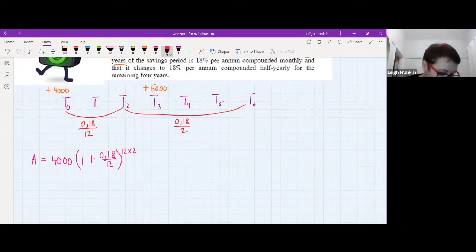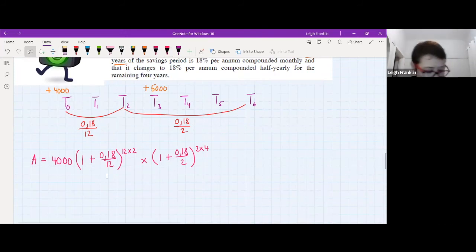That 4,000 Rand is staying in the account and it's earning interest at the new interest rate now. So I'm going to multiply that by a new bracket, 1 plus 0,18, because the money is staying in the account. It's accumulated to a certain amount and now it's going to continue to grow because it's not being taken out. It's going to stay in the account for another 4 years, 1, 2, 3, 4. So here it has to be 2 times 4. So that's the 4,000 Rand that earns interest from start to end.